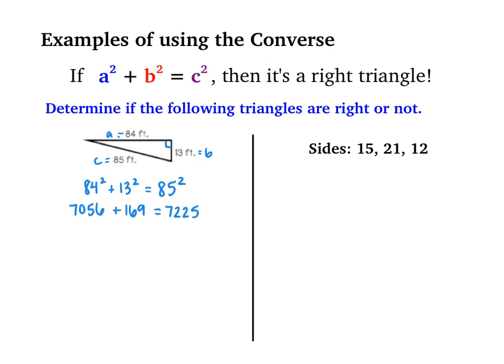So I'm going to add together that 7,056 and the 169, and it in fact does equal 7,225, which is my c squared. When I get 2 things that are equal to each other, it means that a squared plus b squared does equal c squared. Therefore, this has to be a right triangle.